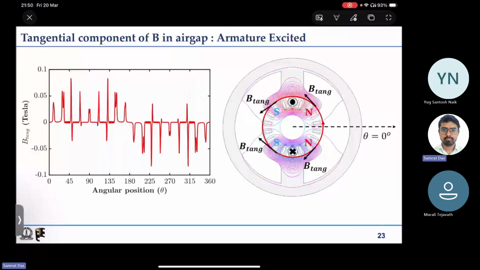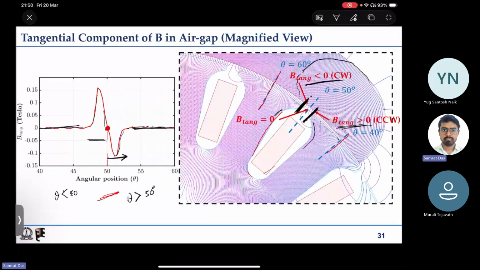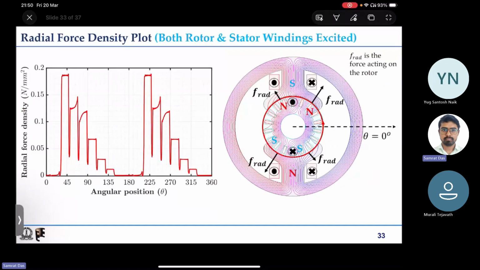Now if we look at the changed radial force distribution, this is roughly the 0.1 Newton per mm square what we had earlier.